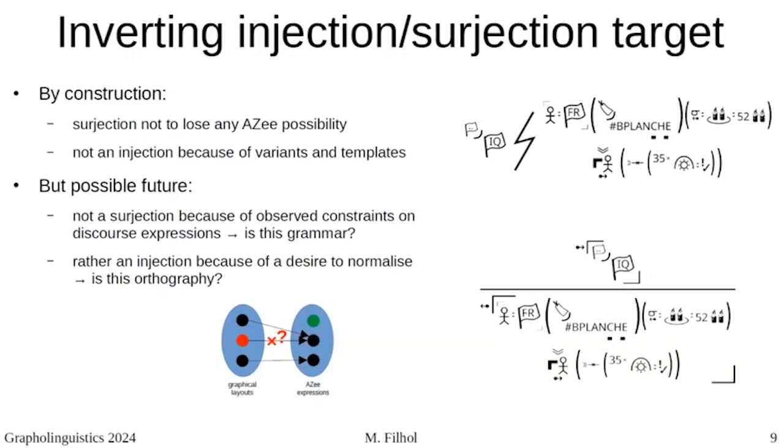Last point, by construction, I said this was going to be a surjection and not necessarily an injection. Actually, I think the future might want to reverse this for several reasons. So in the end, maybe we don't want a surjection, meaning we might want to lose some of this, because who says all of this is actually necessary? But the fact that you can nest any rule in any rule in terms of grammar in sign language is not true.